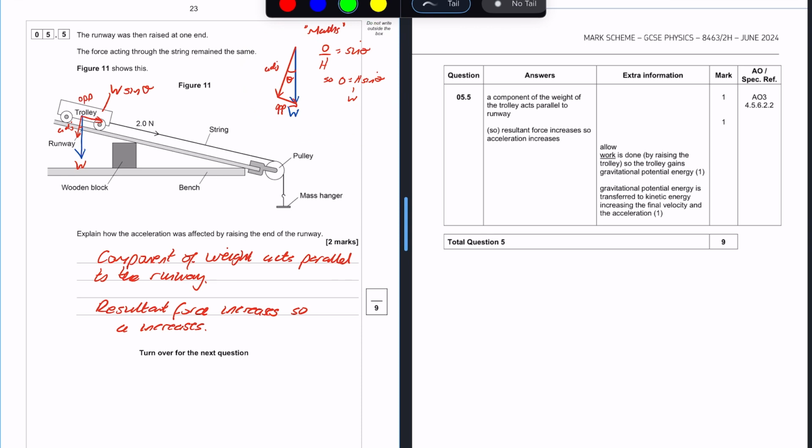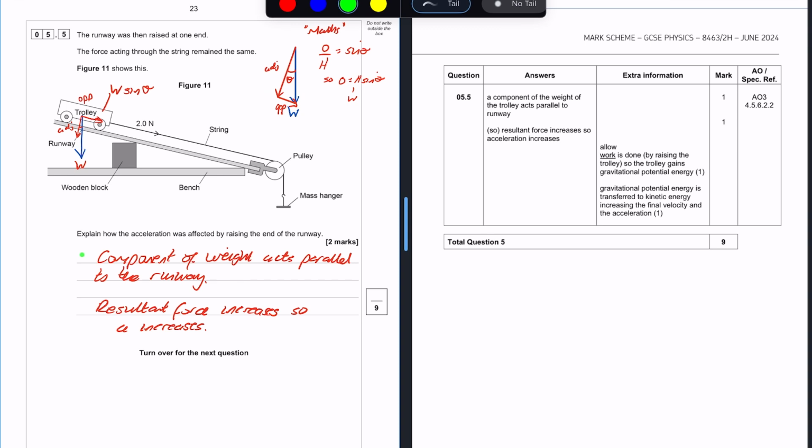So if you take a moment or pause the video and look at what I've done, I basically use SOHCAHTOA or whatever you call it nowadays to work out the fact that there's a component of the force acting down the slope, because that's the weight of the trolley. You can split that into 2 components, one at right angle to the trolley and one going down the trolley, and then you've got this bit of force going down the trolley which happens to be W sine theta, but you don't have to worry about that too much. That's more of an A-level thing.